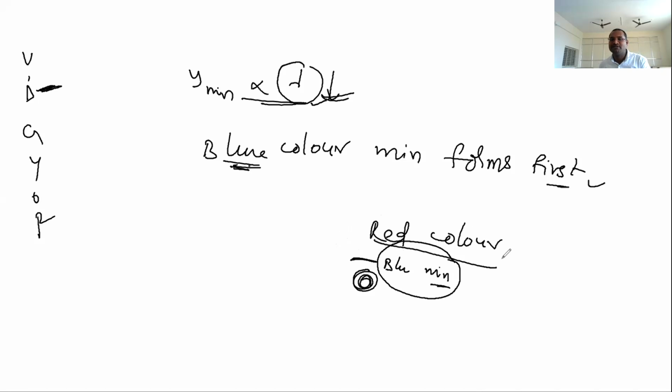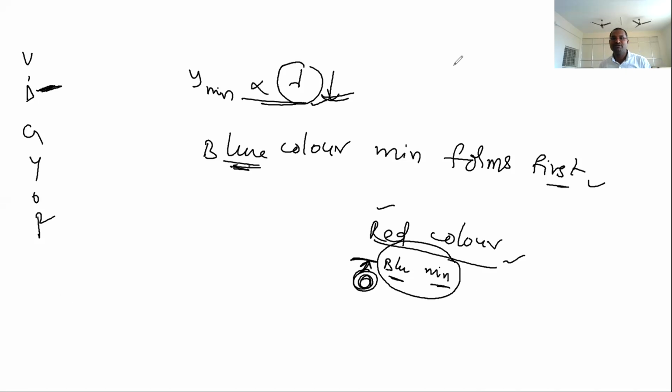So exactly after the first minima, the first color that appears will be red. And if the question is which color maxima will form first, that means blue color maxima will form first.